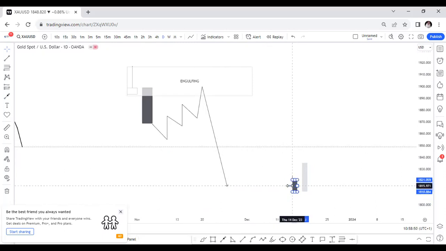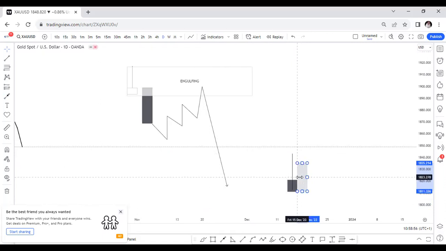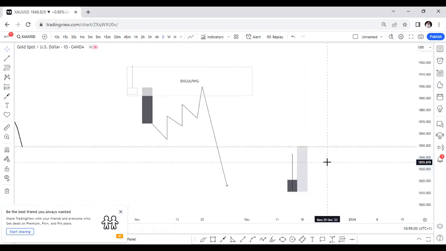So if this is engulfing, this is the bullish one that engulfs.